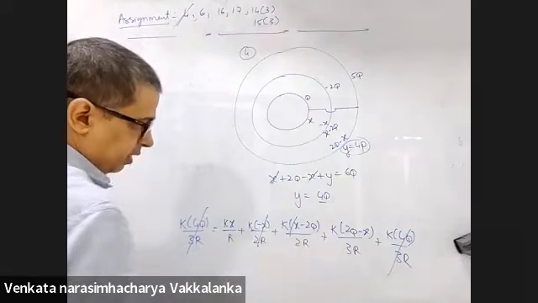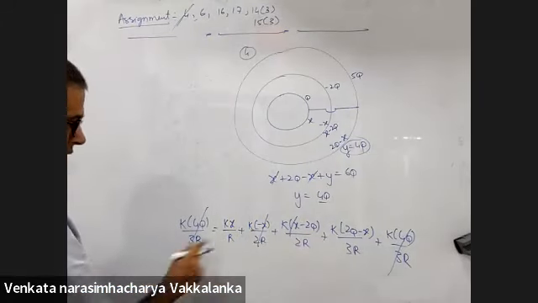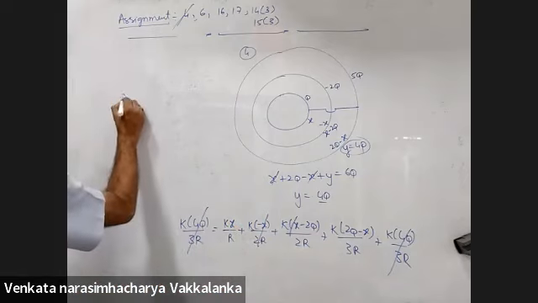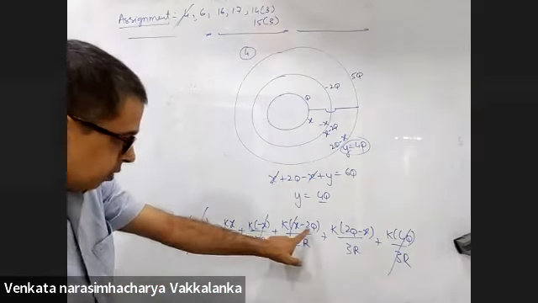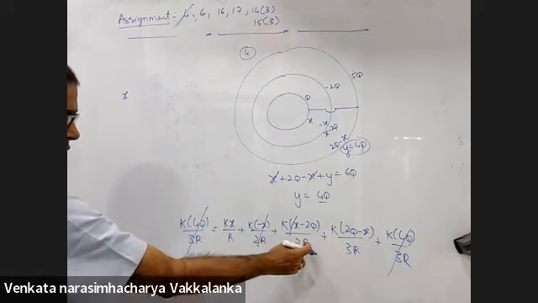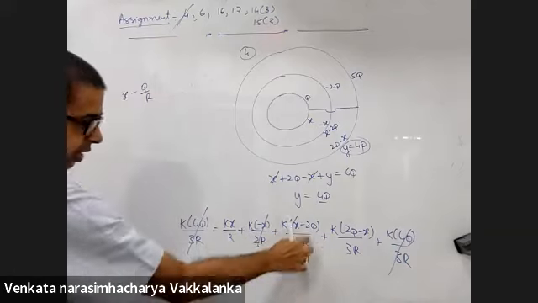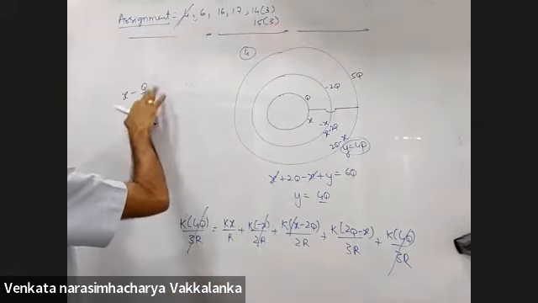This will get cancelled. I am left with K, and R will get cancelled out throughout. This is X, this is minus 2Q and 2Q will go. So Q by R minus Q by R, R also gets cancelled.